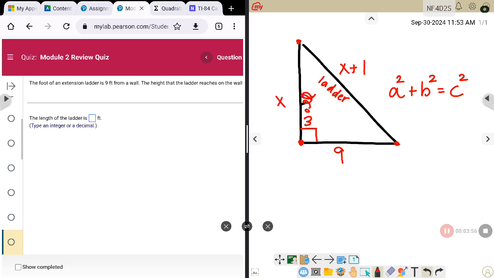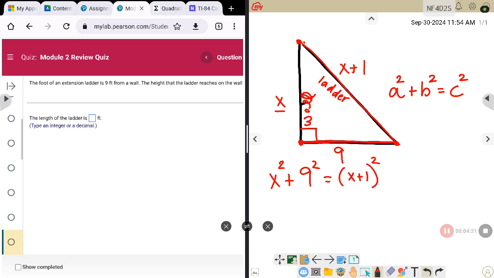So my first side will be x, squared, plus the other side, 9, squared, equals the hypotenuse, the ladder side, x plus 1 squared.